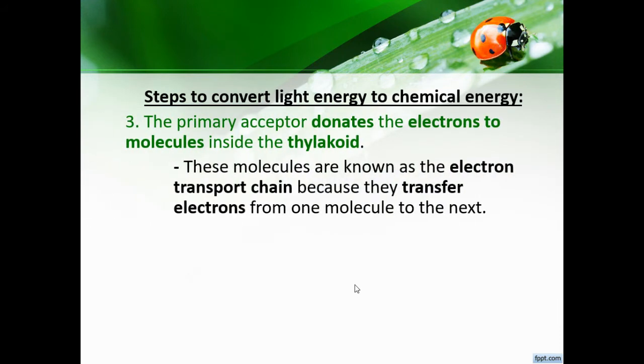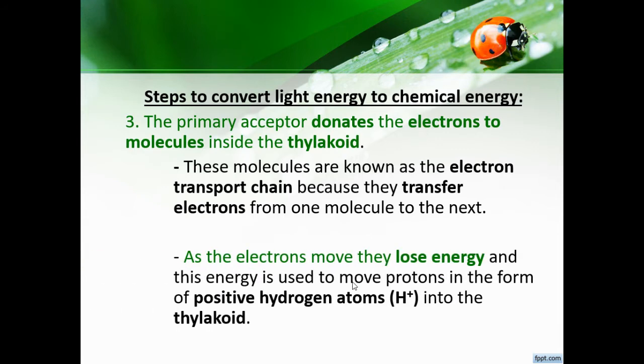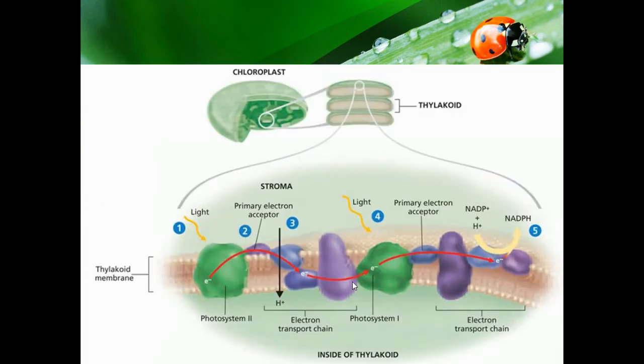Step 3, the primary electron acceptor is going to donate those electrons to the molecules inside the thylakoid. These molecules are known as the ETC, which is the electron transport chain, because they transfer electrons from one molecule to the next. Now, as these electrons are moving through, they're going to lose energy, so they're going to start to lag, and they're going to get a little tired, they're going to move more slowly. The energy is used to move protons in the form of H+, hydrogen ions, into the thylakoid.